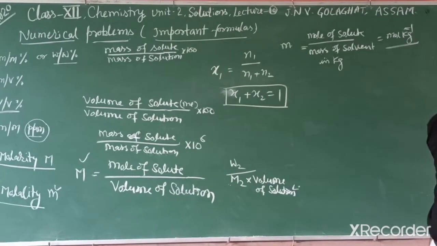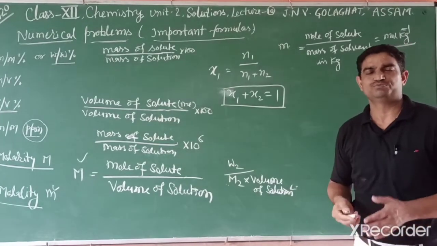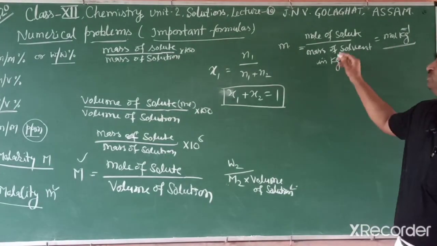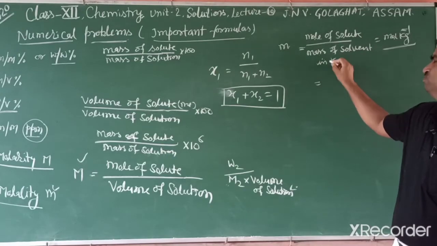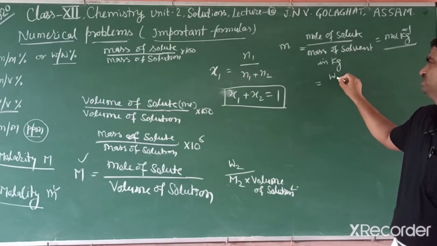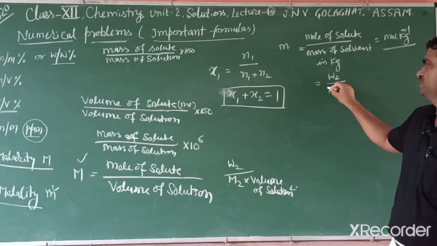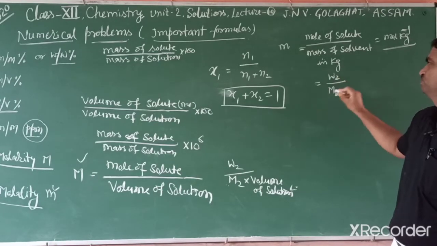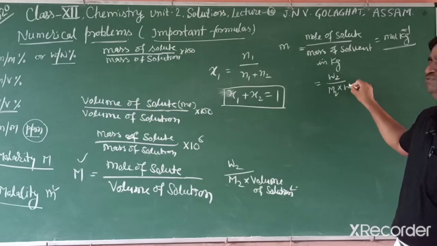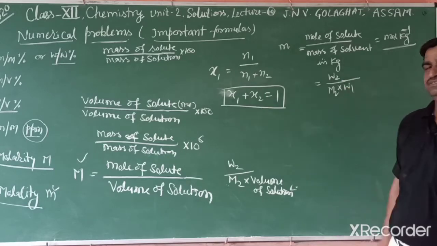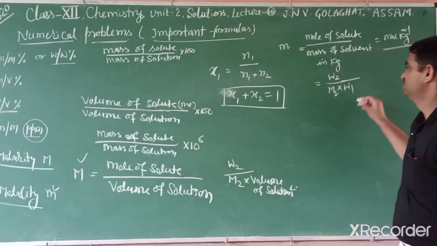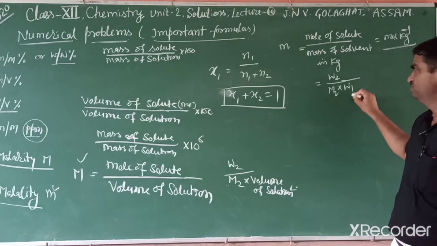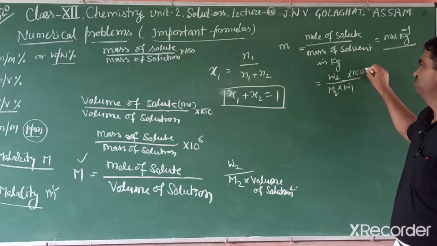Generally mass of solvent is given in gram. So how can we write? Mole of solute, W2 divided by M2, and mass of solvent we write W1. If the mass is given in gram, then it is further divided by 1000, and that 1000 goes to the upside.